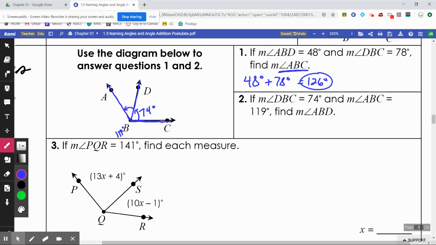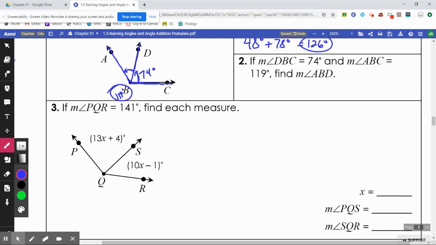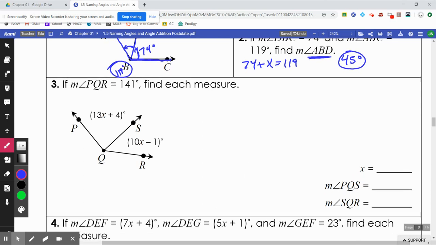We don't know how much more. That's what we're trying to figure out. But we do know that the whole thing is 119 degrees. So 74 plus some more is equal to 119. As an equation, or you're simply doing 119 take away 74, you get 45 degrees, which is the measure of ABD.